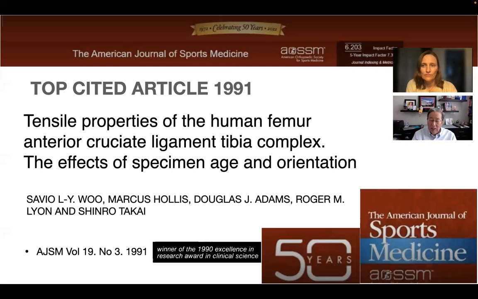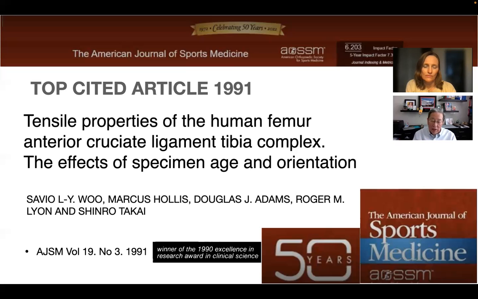We got 9 pairs of knees arbitrarily divided for age below 35, mostly from death by trauma, then a middle age group around 40, and then the older ACL. Our goal was to ask, what are the age-related changes of the ACL? And also, how do you test the ACL to get the proper data?